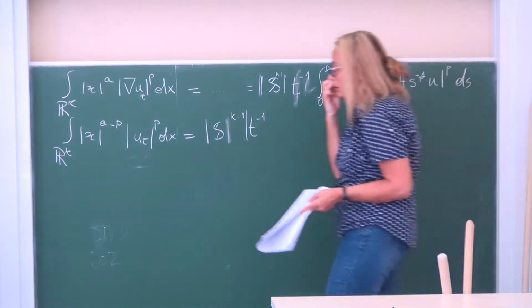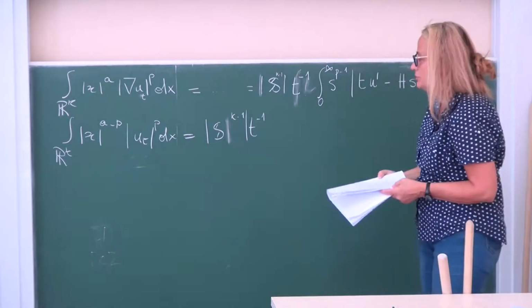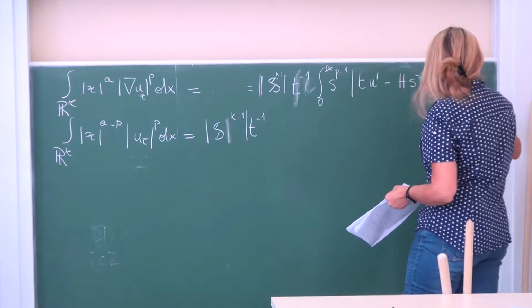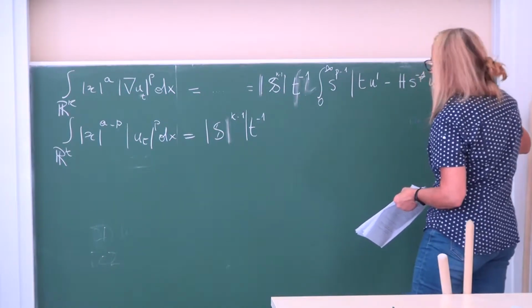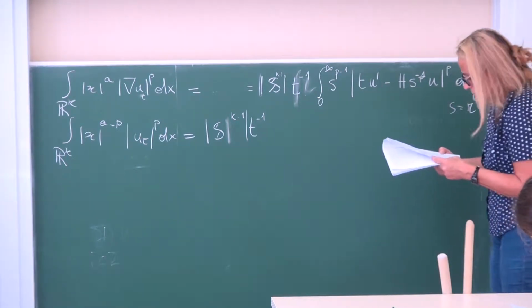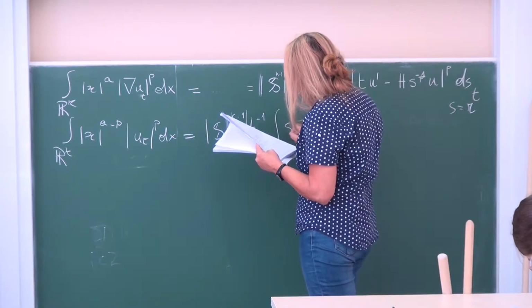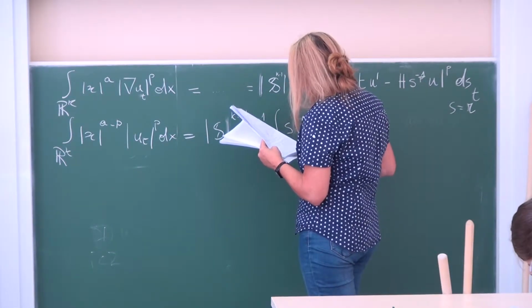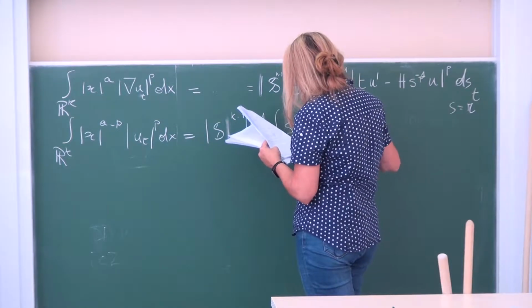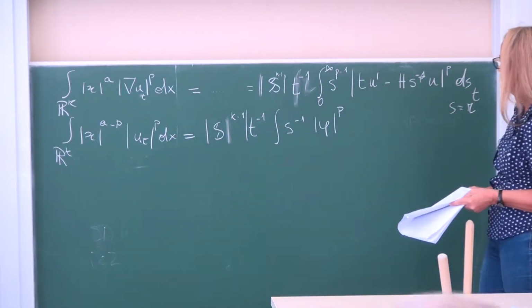You pass to polar coordinates and then change s. s is r to the power t. Computations, s minus 1, phi to the power p.